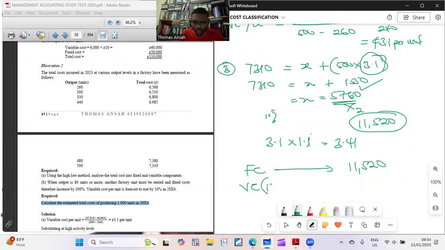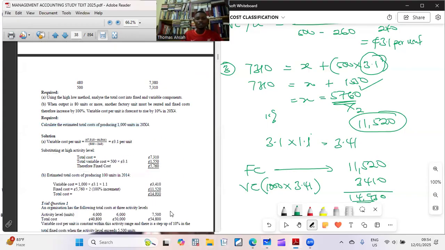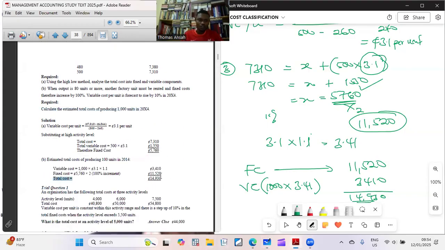So here will be 1,000 units multiplied by 3.41, which is 3,410. And this will give me 14,930. So we just follow the instruction, and that is what we have ended up with.